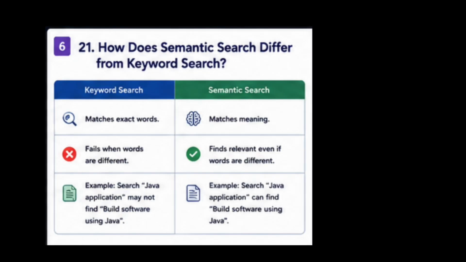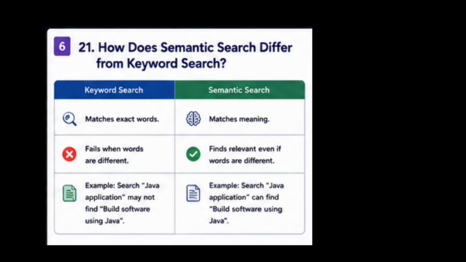How does semantic search differ from keyword search? Let's compare keyword search and semantic search. Suppose a document contains "Spring Boot simplifies Java application development." Now the user searches, "How can I create a Java application easily?" A keyword search may not find this document because the exact words don't match.